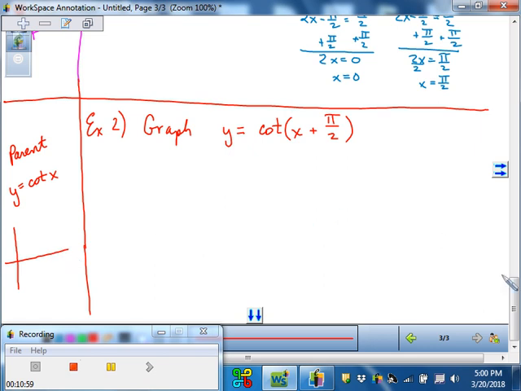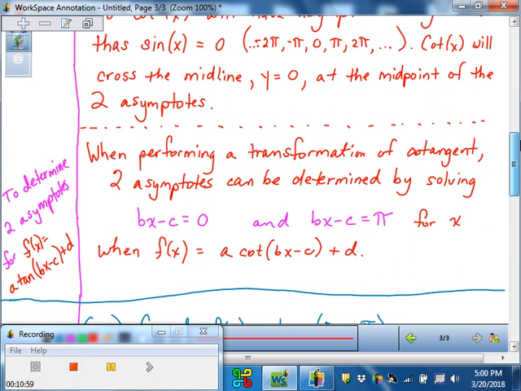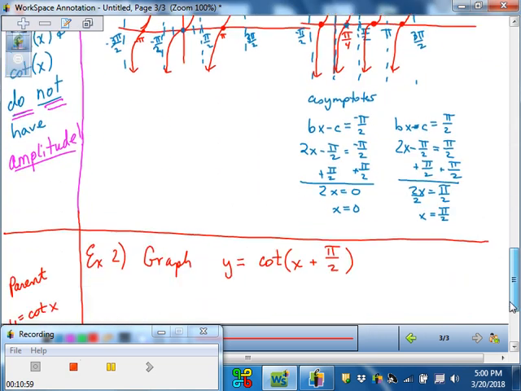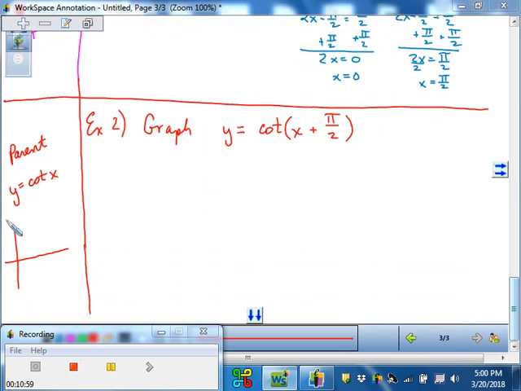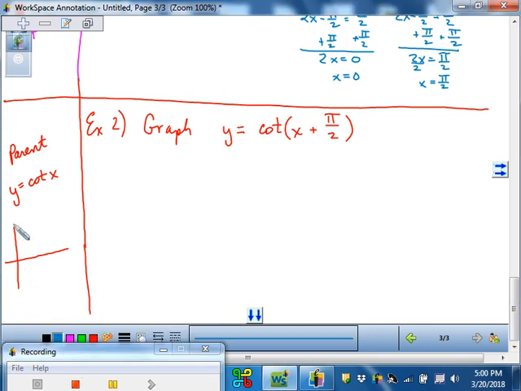Remember, before up here we talked about how we would have asymptotes at negative 2 pi, negative pi, 0, pi, 2 pi. Let's go ahead and sketch a couple of those on here. We have one at 0, this is our parent at 0.